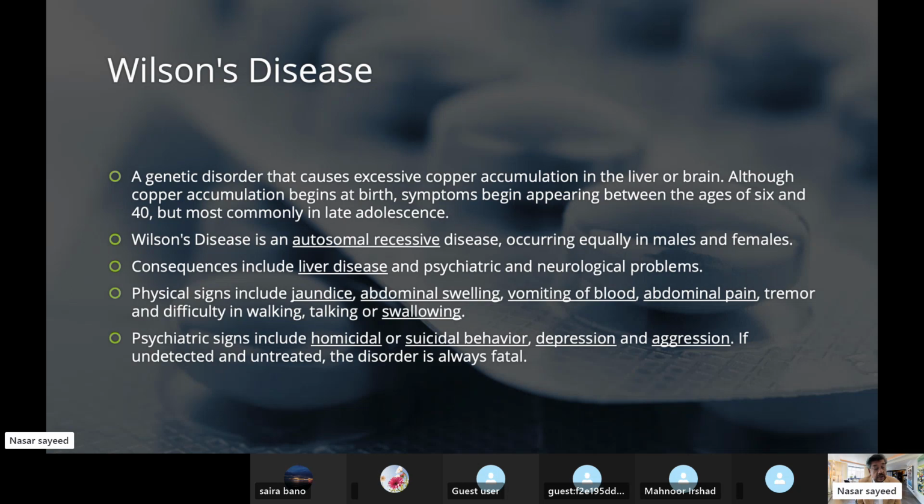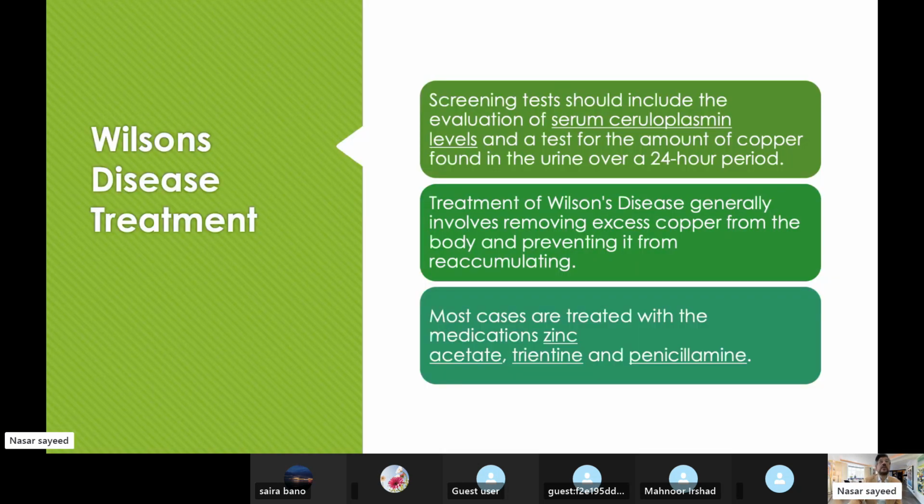The best part is that you can assess the patient by serum ceruloplasmin levels, just serum ceruloplasmin levels. And if they are abnormal, there is a drug available in the market, which is a chelating agent, and you can start penicillamine and or zinc acetate, and the patients do very well on that.